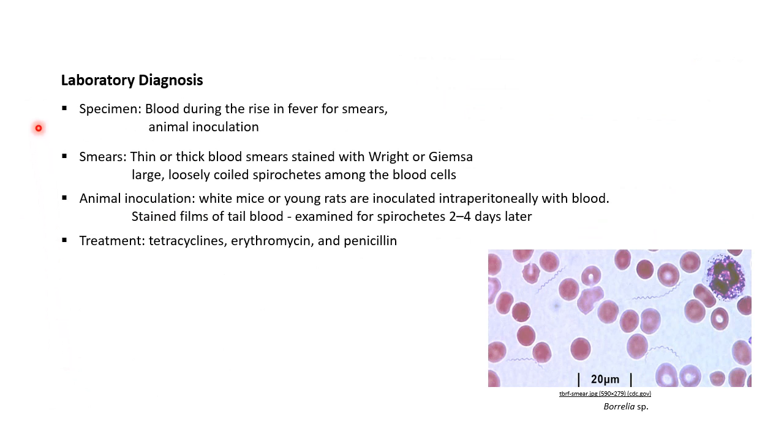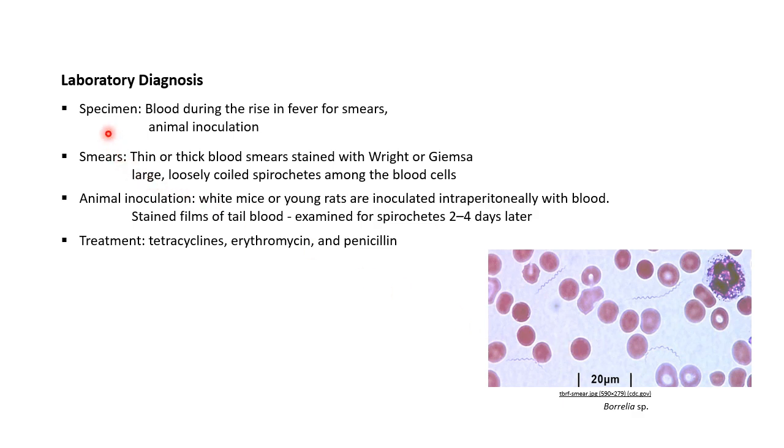For the laboratory diagnosis, blood is taken from the patient during the febrile stage and prepared for examination under the microscope. Thin or thick blood smears are stained with Wright stain or Giemsa stain, and these are now examined for the presence of large, loosely coiled spirochetes among the blood cells.